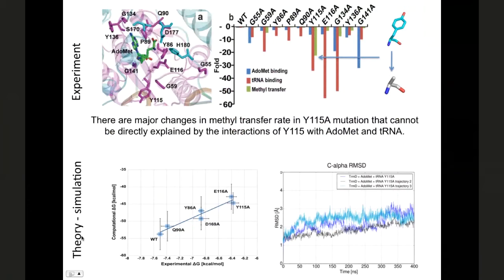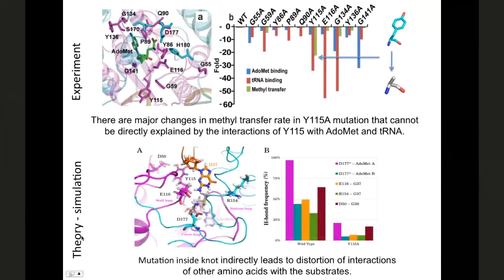And then we can try to study why this mutation is crucial. When we analyze the simulation, we find out that a mutation inside the knot indirectly leads to destruction of interaction of other amino acids inside the structure.